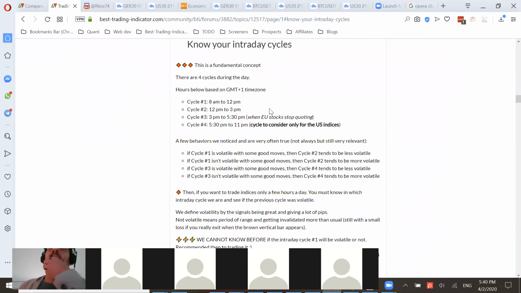Cool. So very quickly. For Indices, based on GMT plus 2, we have 4 cycles. In the morning there is 1, in the afternoon there are 2, and night.